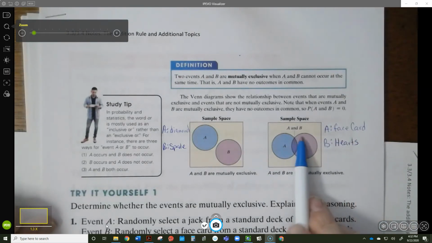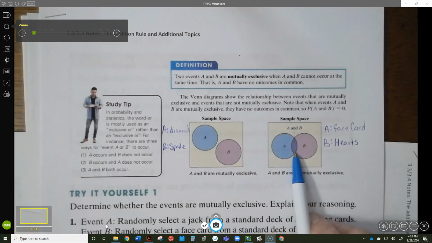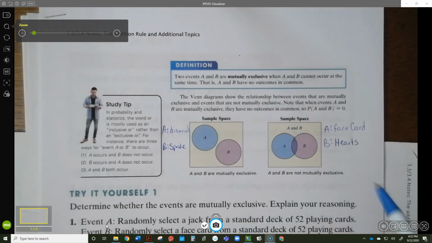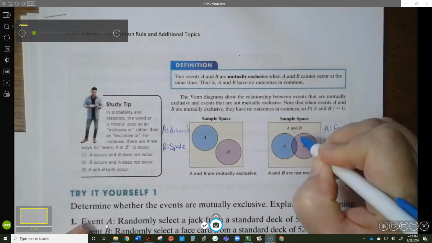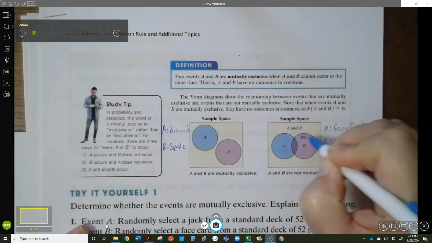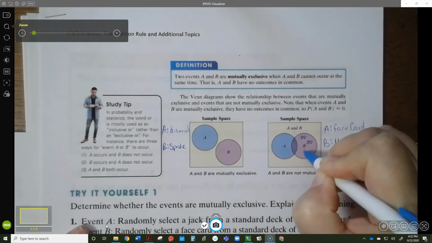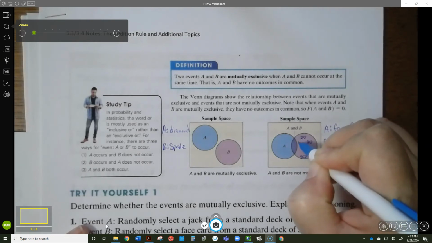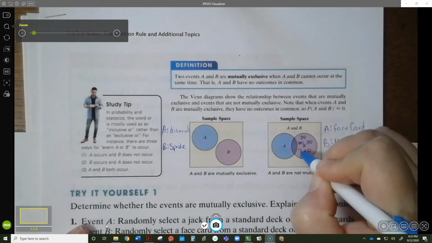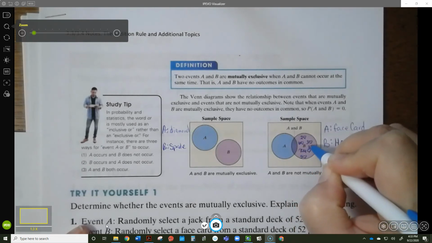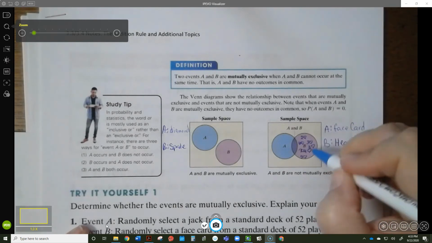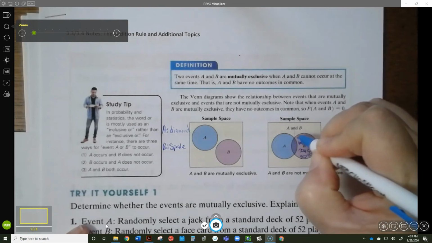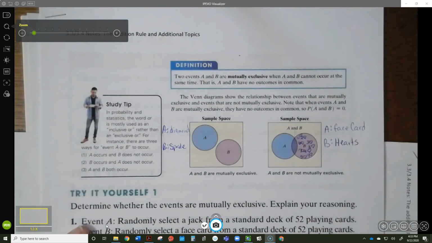In group B right here, we have the 2 of hearts, the 3 of hearts, the 4 of hearts, the 5 of hearts, the 6 of hearts, the 7 of hearts, the 8 of hearts, the 9 of hearts, the 10 of hearts, running out of room.